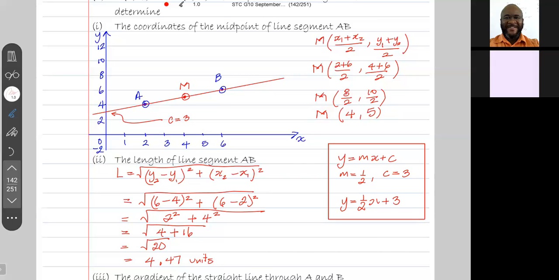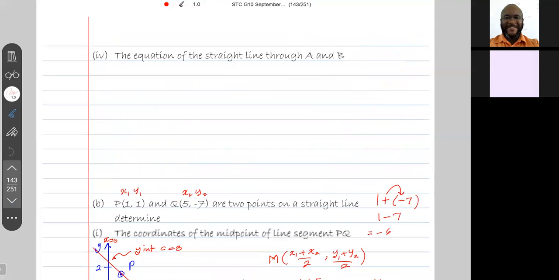To determine the equation of the line, I'm going to use this formula: y is equal to m into x minus x naught plus y naught. The input for the formula is m, which is the gradient. The gradient is a half. And I need the coordinates of any point on the line. I know 2 points on the line.